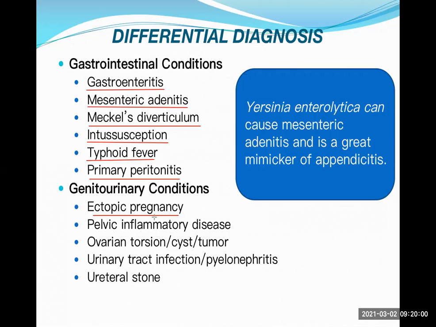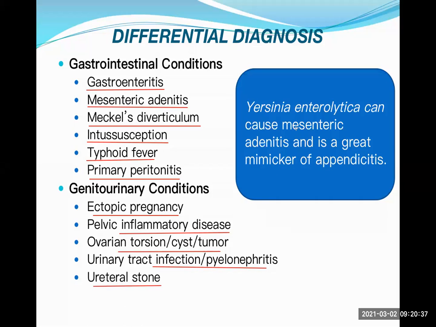This is a very serious condition, and I'll take a separate class in gynecology regarding ectopic pregnancy. PID, pelvic inflammatory disease in a female, the signs and symptoms may match. Diseases of the ovary, like ovarian torsion, ovarian cyst, and ovarian tumor. Urinary tract infection or pyelonephritis, not cystitis. It has to be pyelonephritis because it causes pain and fever. And ureteric stone or kidney stone. These are some of the differential diagnoses.